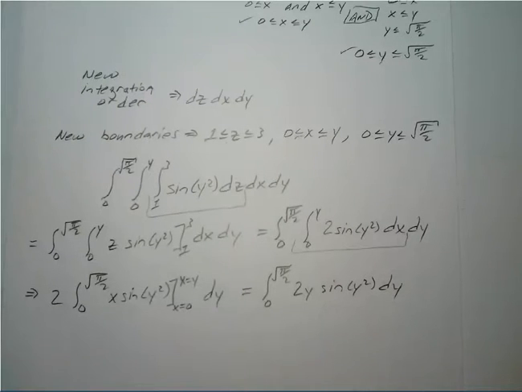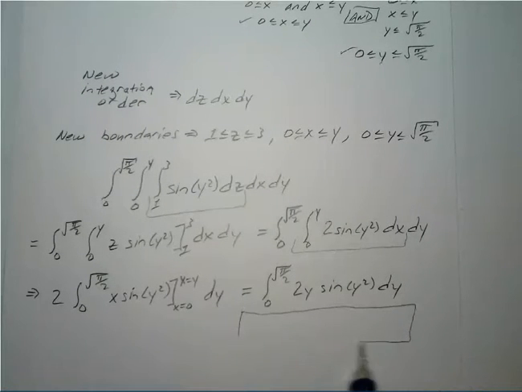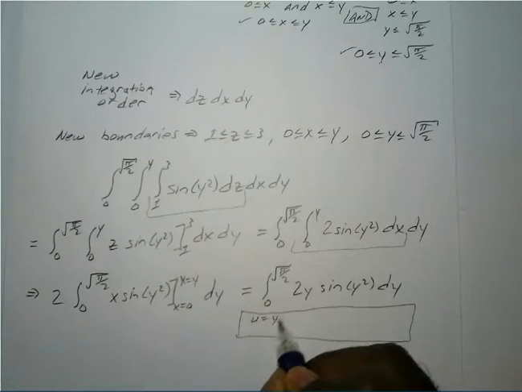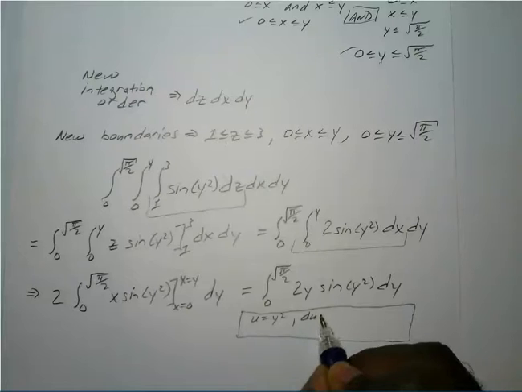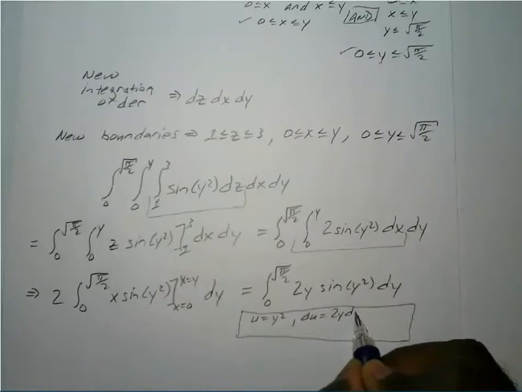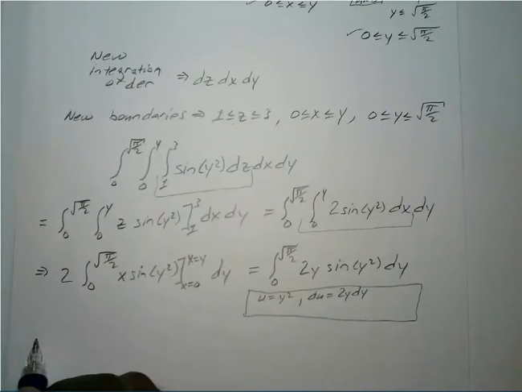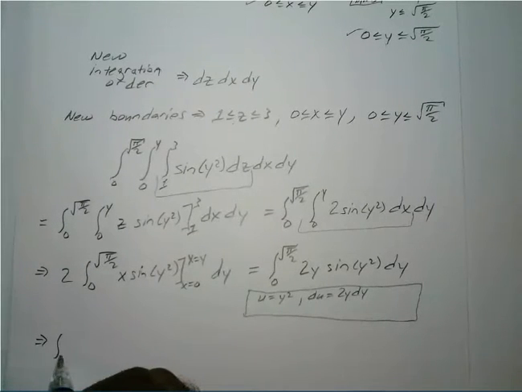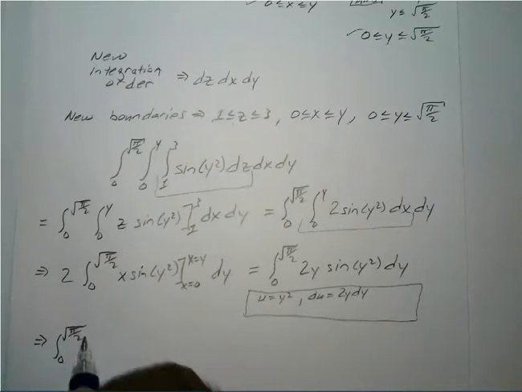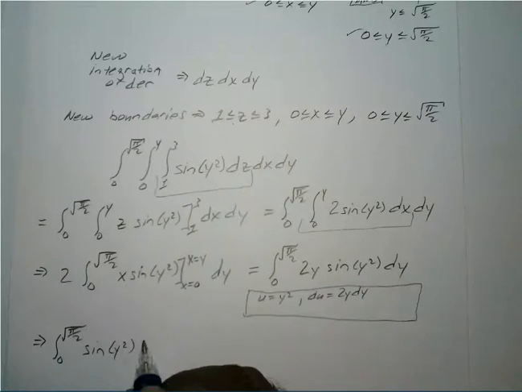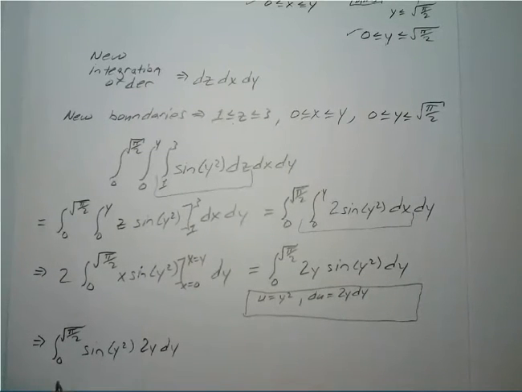Okay. Now, if you remember, the biggest problem we had previously was that our u substitution wouldn't work. So here, if u is equal to y squared, our du is equal to 2y dy. Okay, so if we just switch that right on around, we have the integral from 0 to square root of pi over 2 of sine y squared times 2y dy.